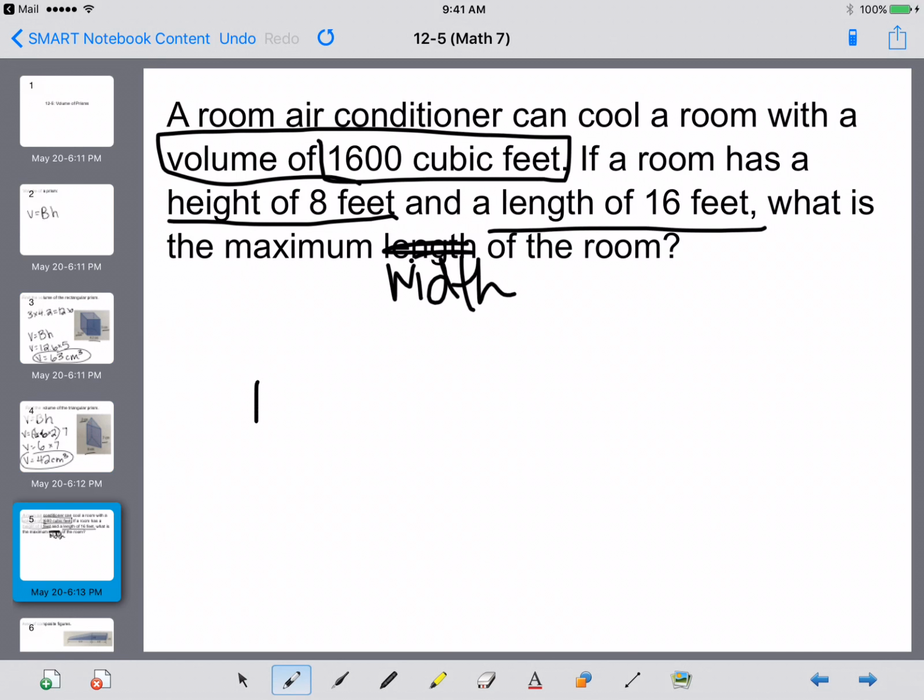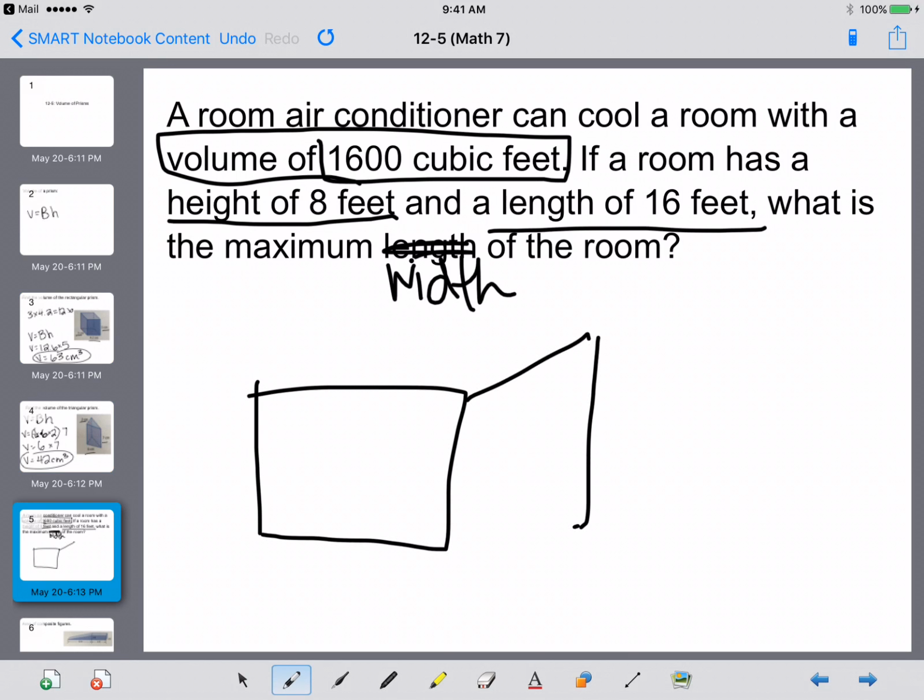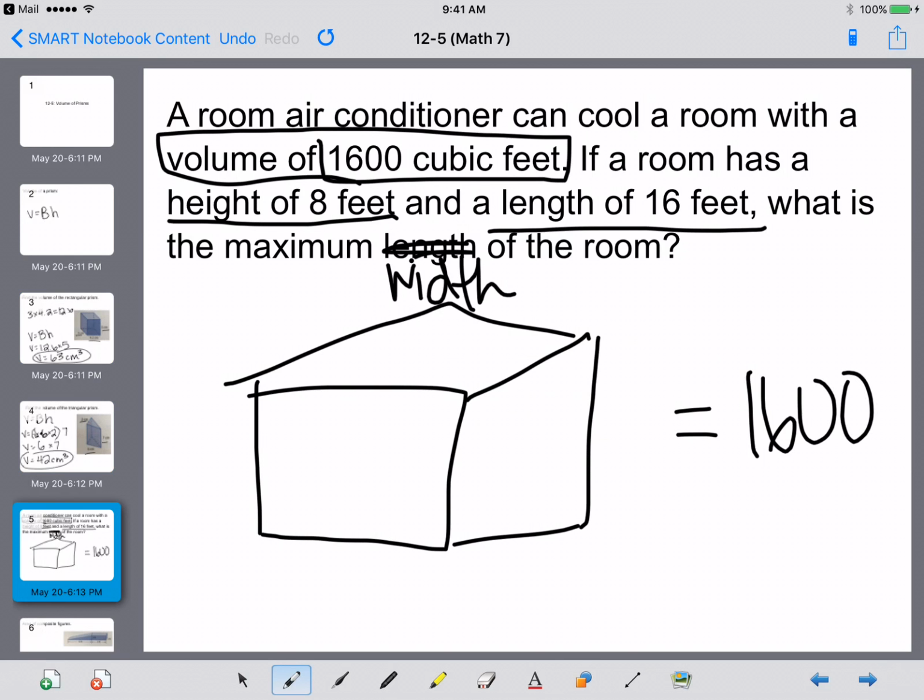So our room, I'm going to draw it for us here. I'm not an artist. It looks kind of like a weird loaf of bread, but we'll work. The entire thing is 1,600 cubic feet. Our height is 8, and our length is 16. We want to know what this one could be.